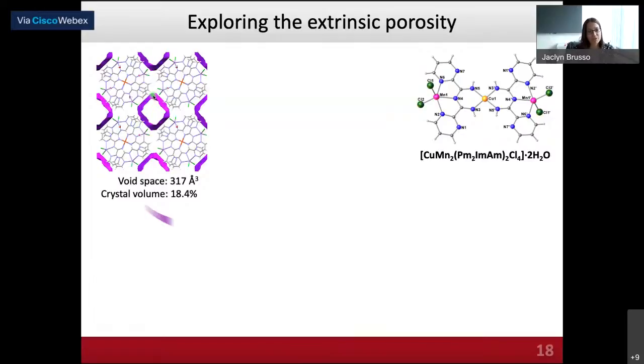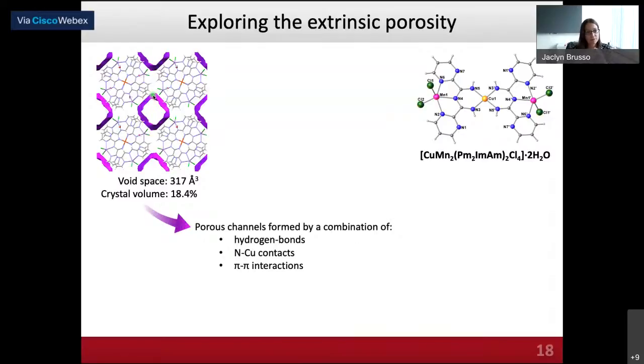And what we found with this system, looking at the structure, is that these porous channels were formed by a combination of hydrogen bonding, nitrogen copper intermolecular contacts, and pi-pi interactions within those stacks.